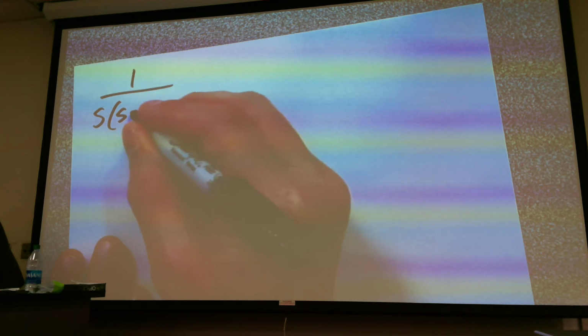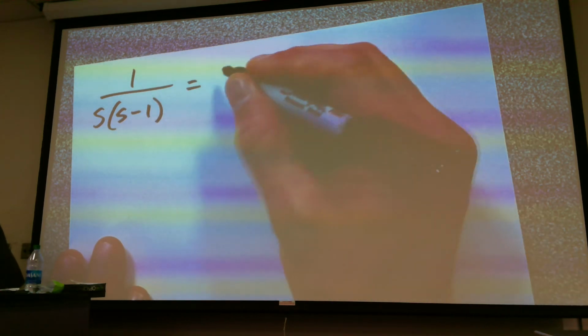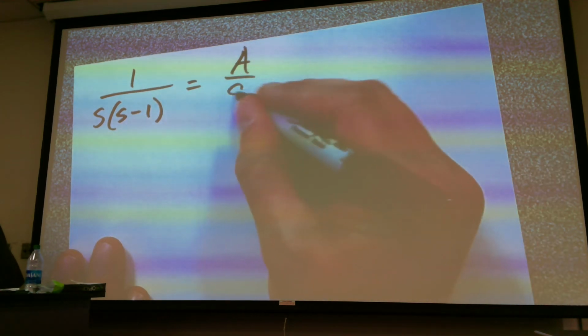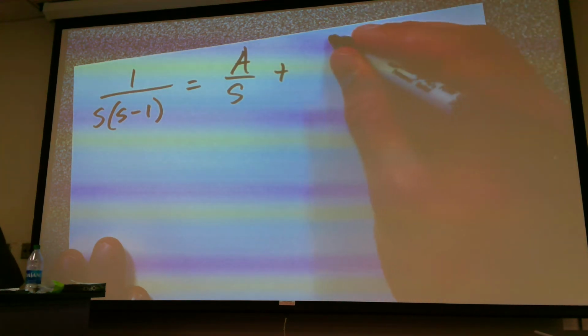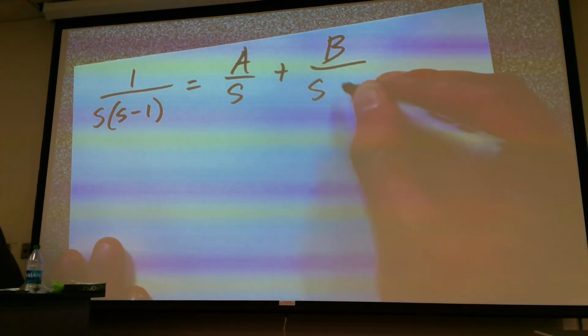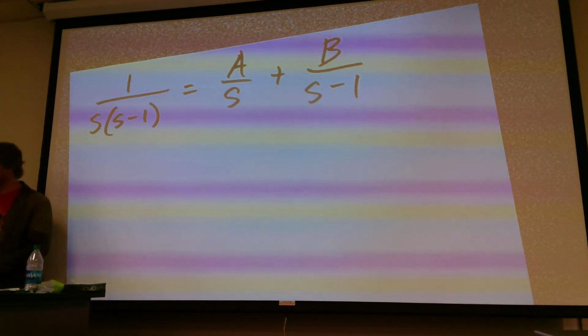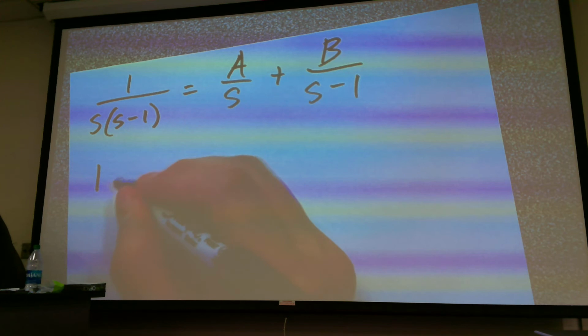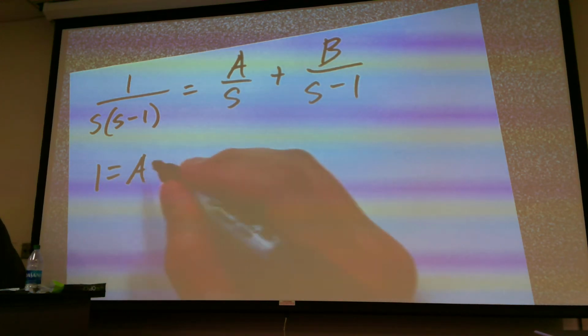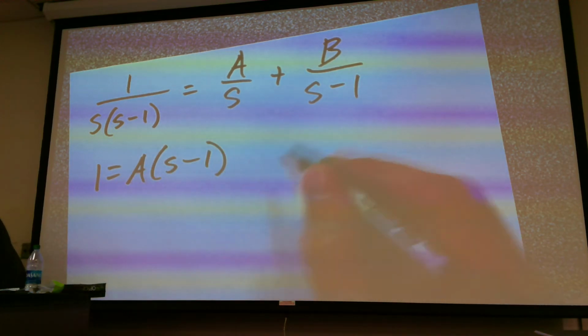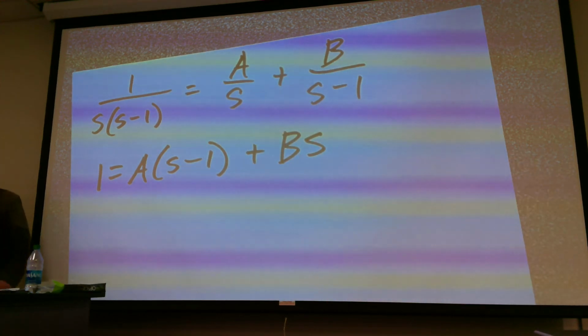So we're going to have 1 divided by s times (s minus 1) equals A divided by s plus B divided by (s minus 1). Now let's multiply by s times (s minus 1). That's going to give me 1 equals A times (s minus 1) plus B times s.